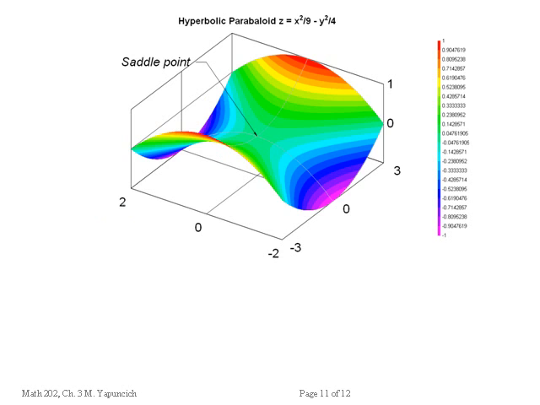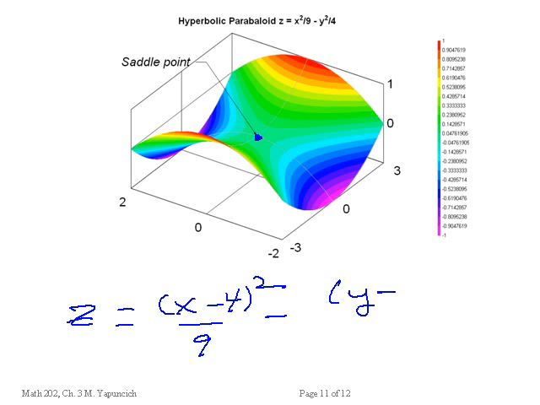And here's a picture of your hyperbolic paraboloid. We're talking about the point 0, 0 right here at the center of this. Of course, if you had an expression like x minus 4 squared over 9 minus y minus 9 squared over 4, that's fine.